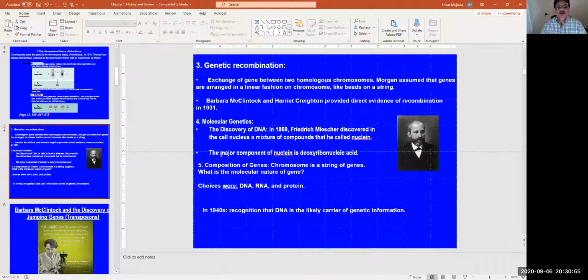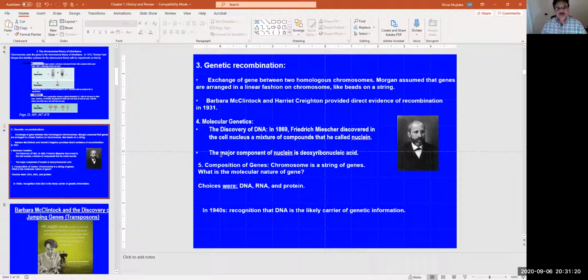But Barbara McClintock observed something very phenomenal. She observed recombination, right? What is recombination? Recombination is a process by which DNA or chromosomes could exchange parts. So she investigated this in plants, particularly maize.